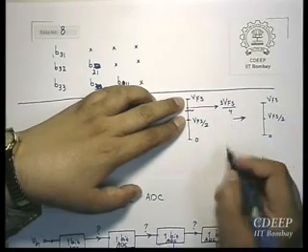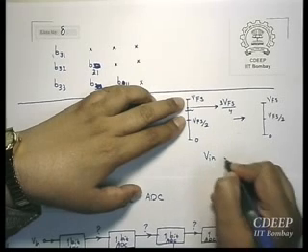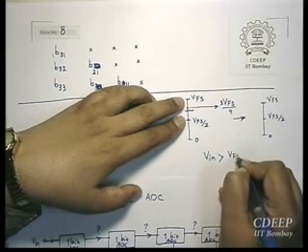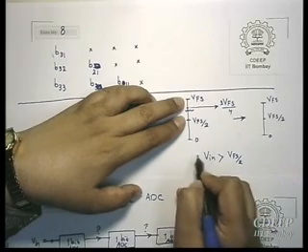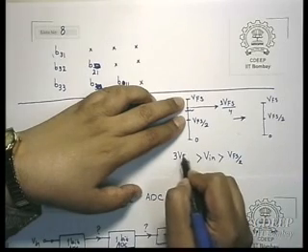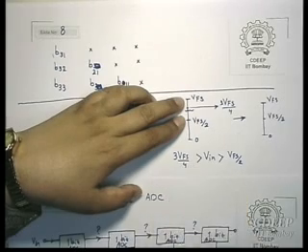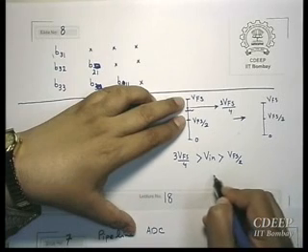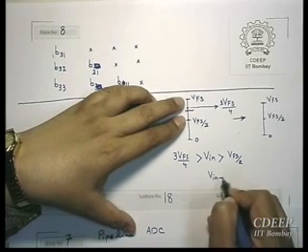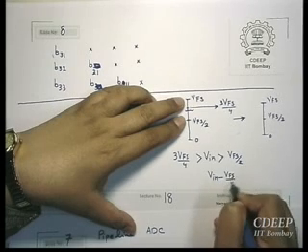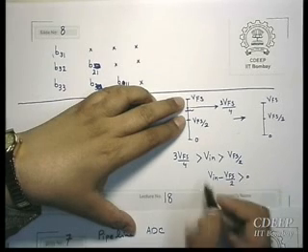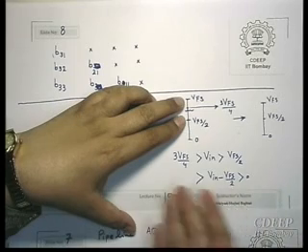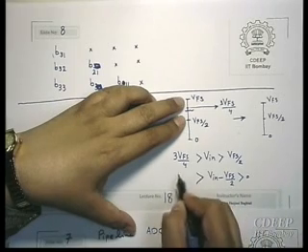So V in was greater than V full scale by 2 and less than 3 V full scale by 4. Therefore now V in minus V full scale by 2 is greater than 0 and less than V full scale by 4.